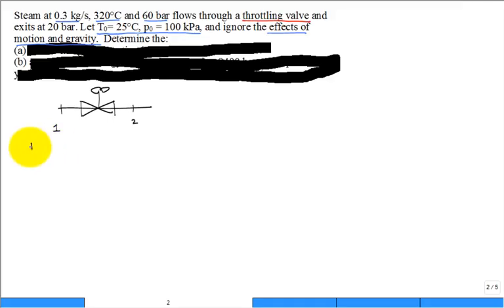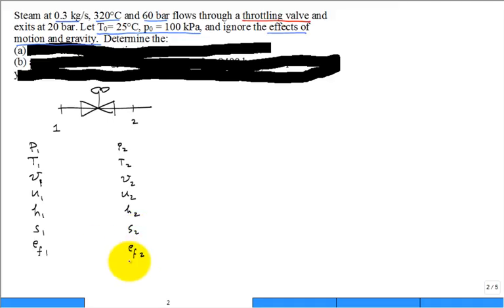You can do the pressure, the temperature, the specific volume, internal energy, enthalpy, entropy, flow exergy, and some more if you want. So P1, T1, v1, and the same at state 2: u1, u2, h1, h2, s1, s2, ef1, ef2.